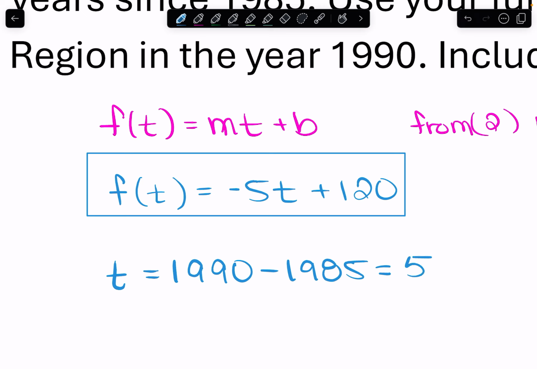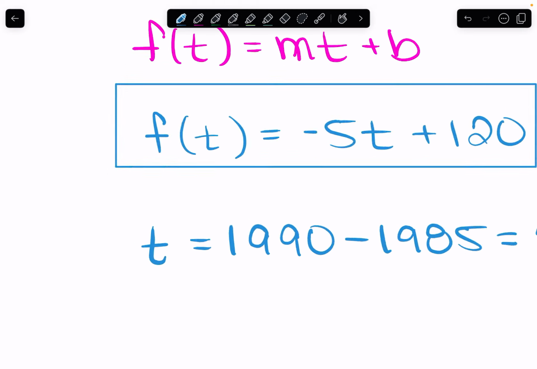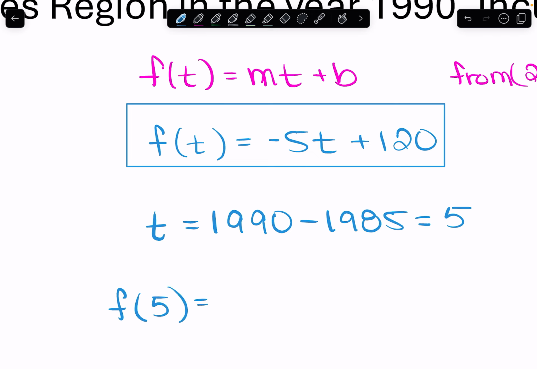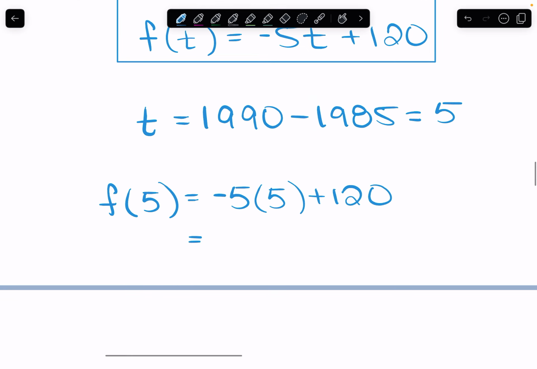So we are going to be plugging in 5 for our variable. So when t equals 5, that means we are calculating f of 5. So replacing t with the value 5. So -5 times 5 plus 120. And then we do our math. -5 times 5 is -25. We add 120 and we get 95.